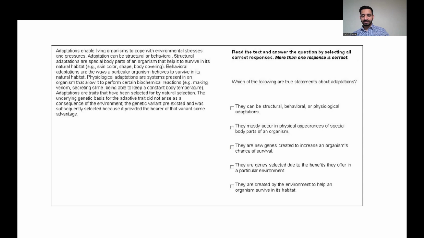So let's see if that's the case here as well. Let's just start reading and scan for the information that we need. So adaptations enable living organisms to cope with environmental stresses and pressures.